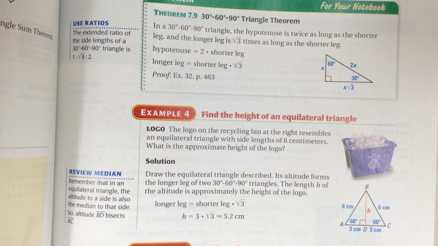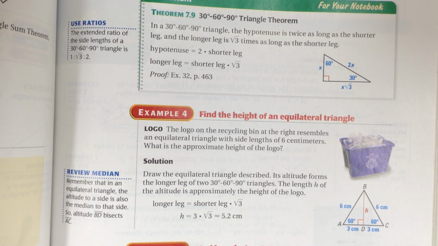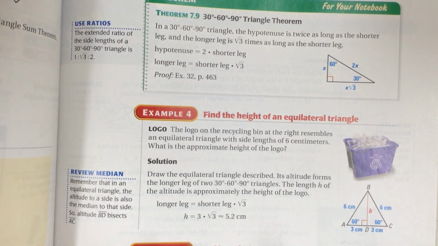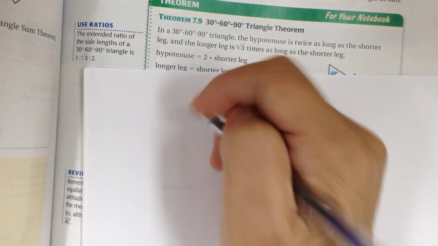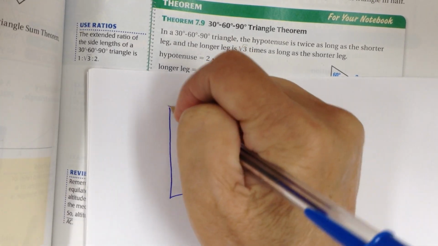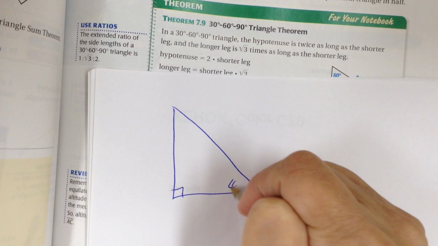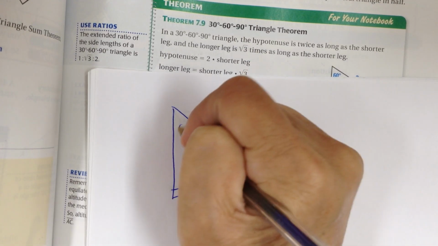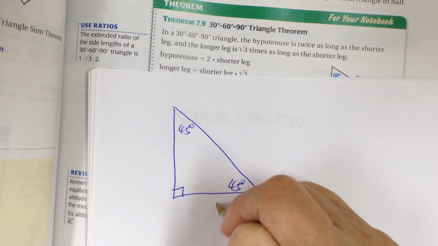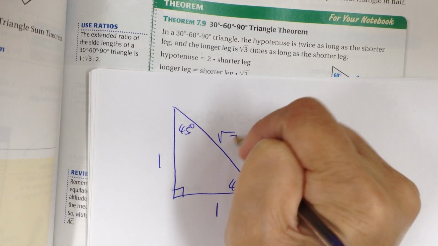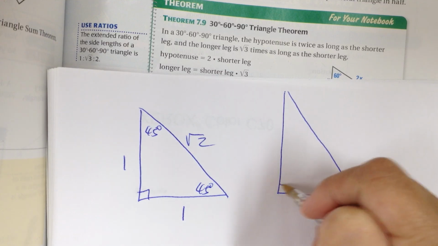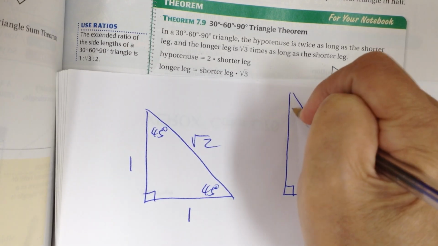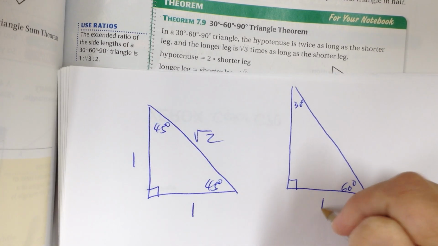And also notice there's kind of an interesting pattern. Let's say you arrange the triangle in a certain way. So let's say you have this, and this is 45 degrees. So this would be 1, 1, square root of 2. And if you arrange the triangle this way, so this is 60 degrees, 30 degrees, so this is 1, 2.